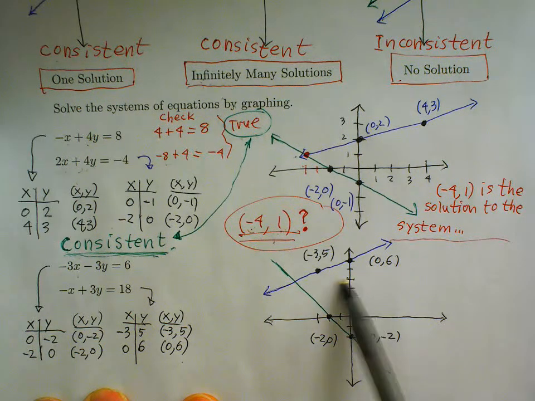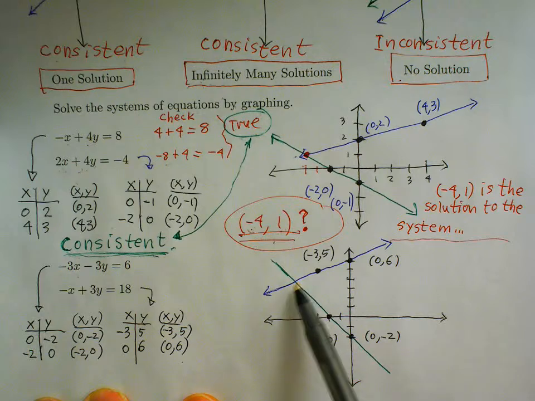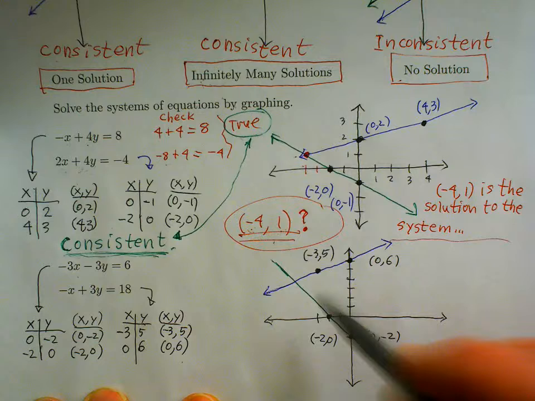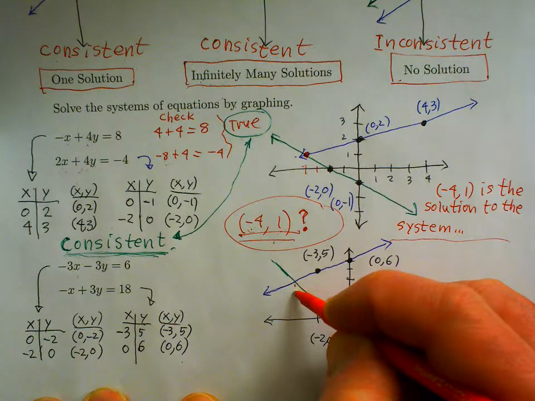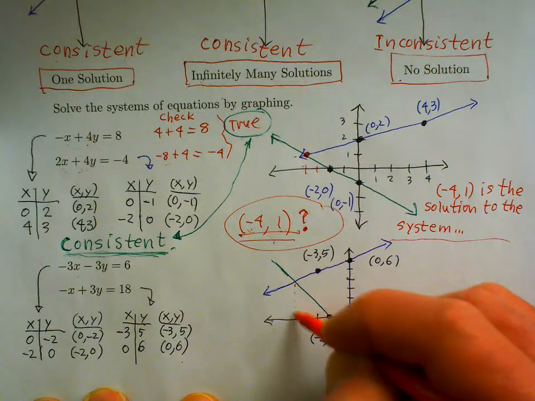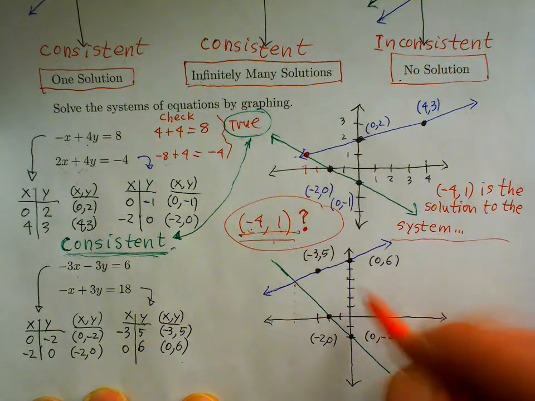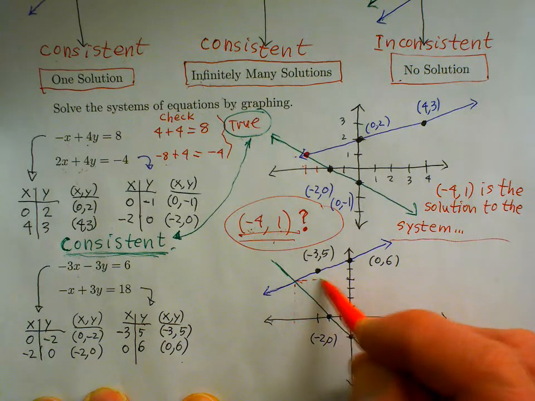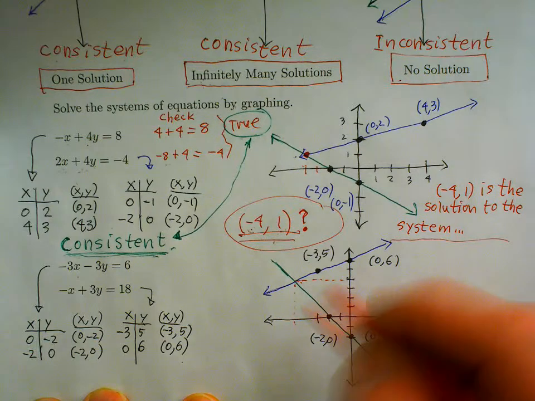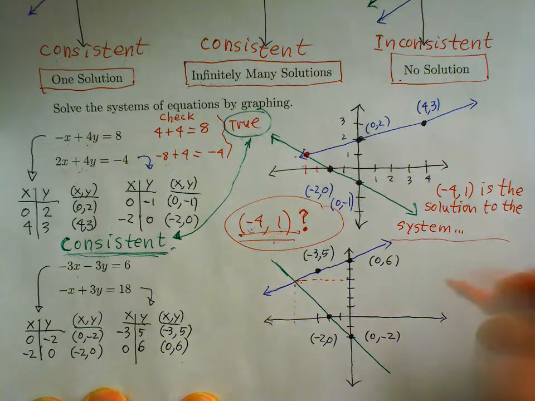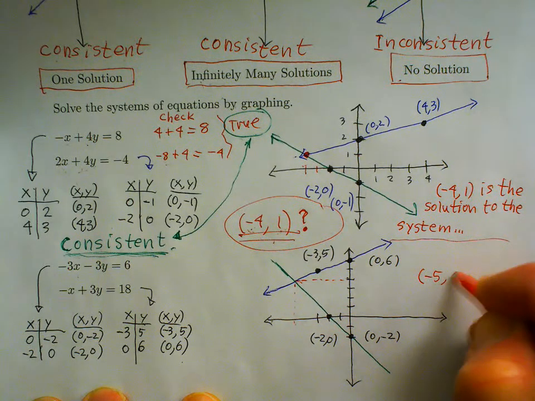If our graph is not extremely accurate, or at least accurate enough, we might have a hard time solving by graphing. So maybe it's negative 5, 4?